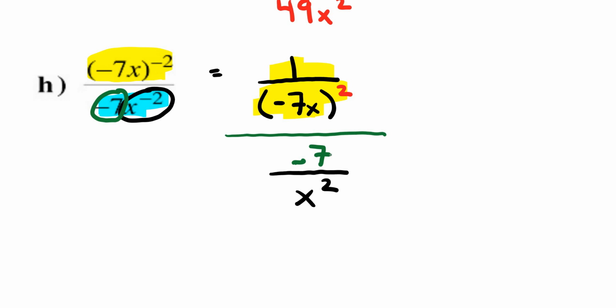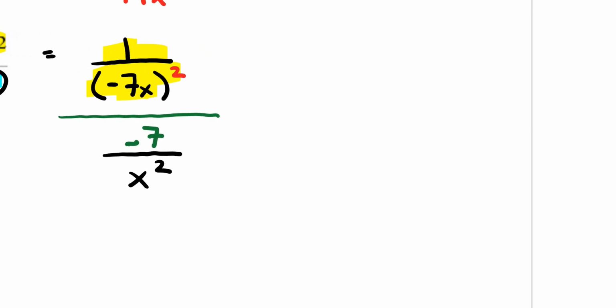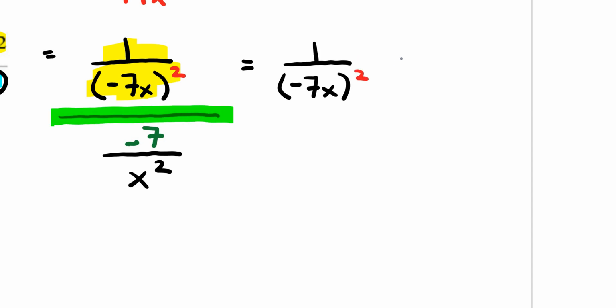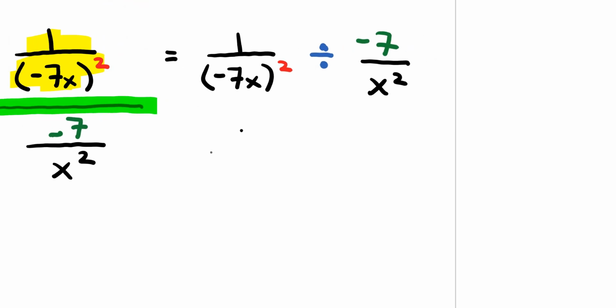And then we need to further simplify this, because what we're really doing here is, if I keep on writing this out, and I'll show you another quicker way of solving this problem in a bit, but let me just kind of take the long way approach to this. And when you have this division sign right here, you can write that as a division sign, and then you have your -7 over x squared. And if you go back to your fraction rules here from previous math classes, when you have a division sign like that, you can just kind of flip the fractions.